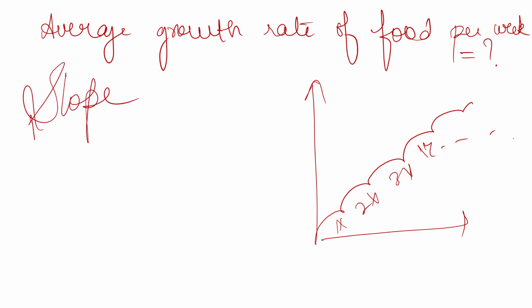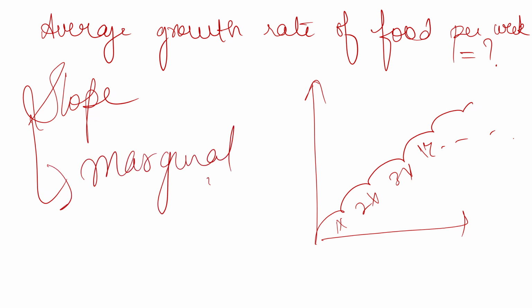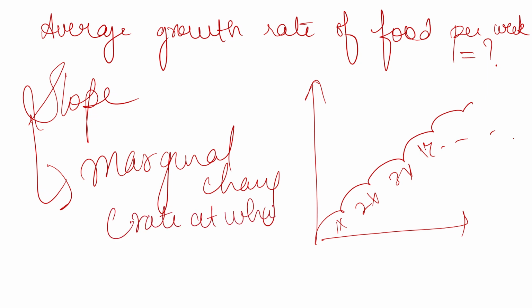Slope is basically your marginal change, the rate at which something is increasing or decreasing. That is defined by the slope.